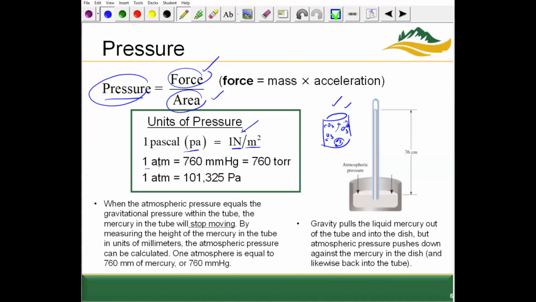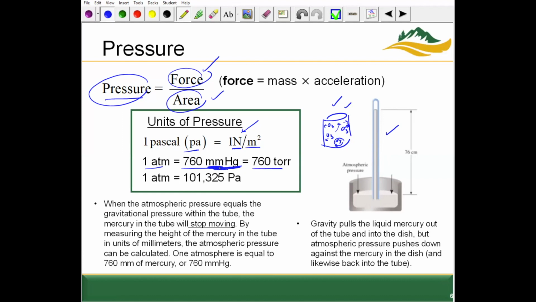We also commonly see atmospheres. So 1 atmosphere of pressure is equal to 760 millimeters of mercury. Millimeters of mercury is a unit of pressure we often see, and we'll talk more about that in this visual here. These both are equal to 760 torr.